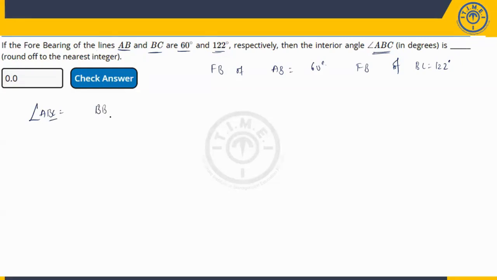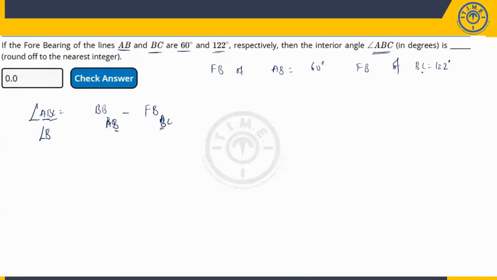First we'll find the back bearing of line AB minus the forebearing of line BC. We need to have B common in both, because the interior angle ABC is nothing but angle B located between A and C.